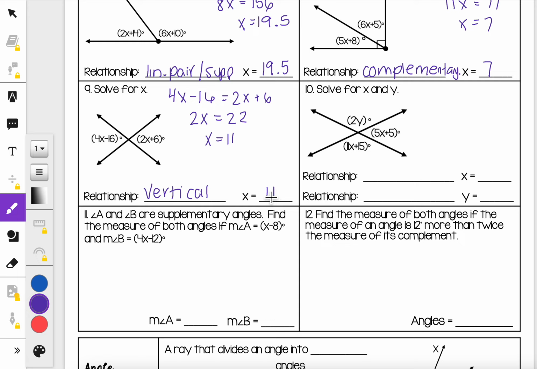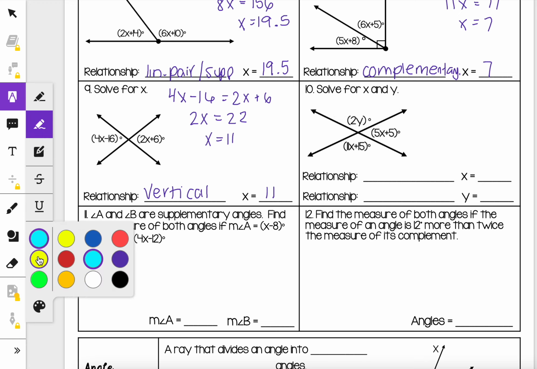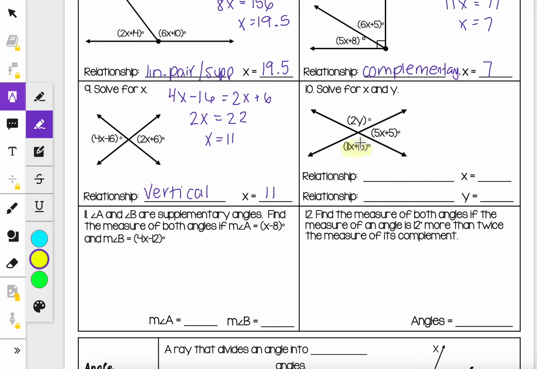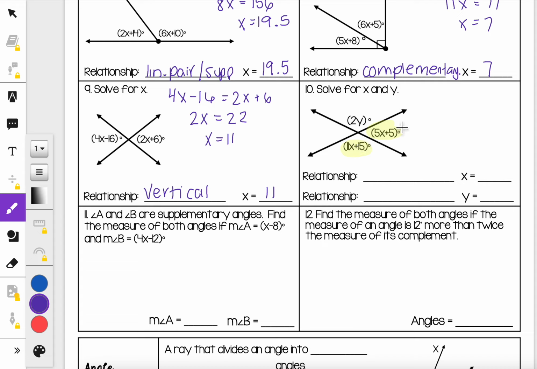All right, and then number 10, we have two different variables that we want to solve for, so we're actually going to have two different relationships. If I wanted to start by solving for x, I have x over here and x over here. I see that these two angles form a linear pair. They're supplementary. So that's going to be my relationship that I use to solve for x.